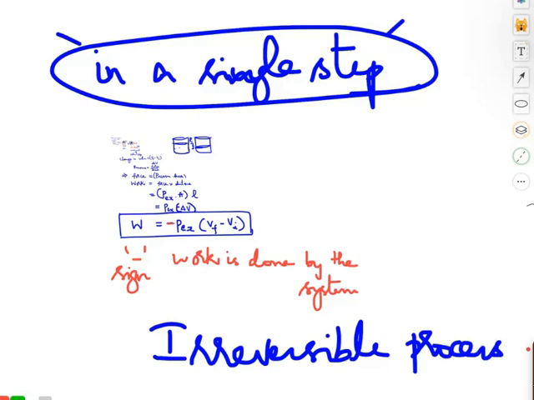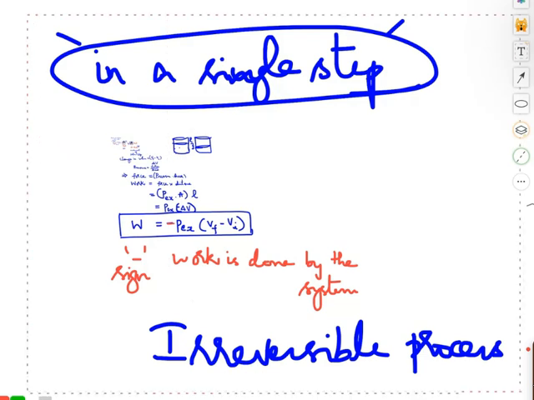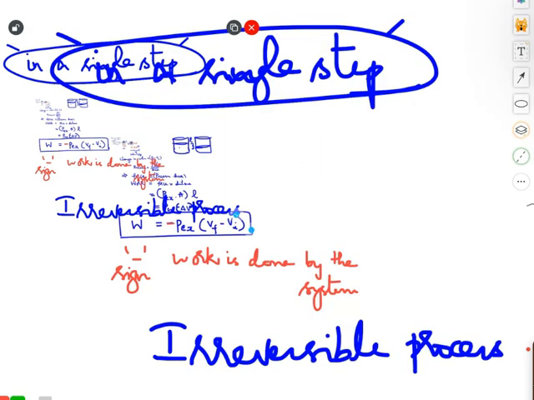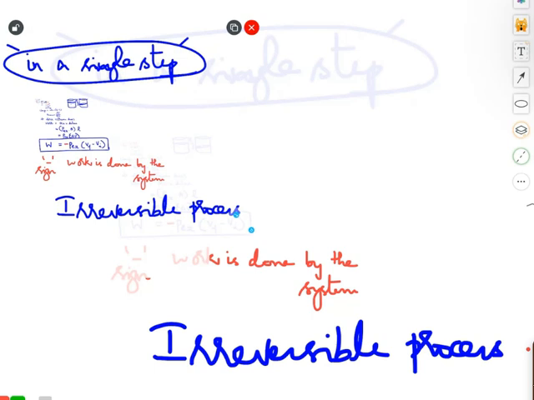Now the same thing, if it takes place in multiple steps, is a reversible process.